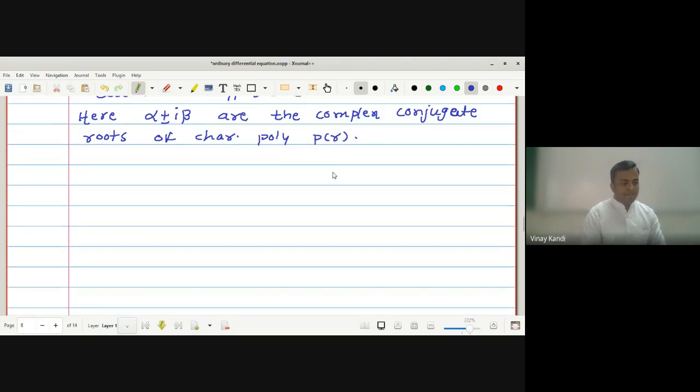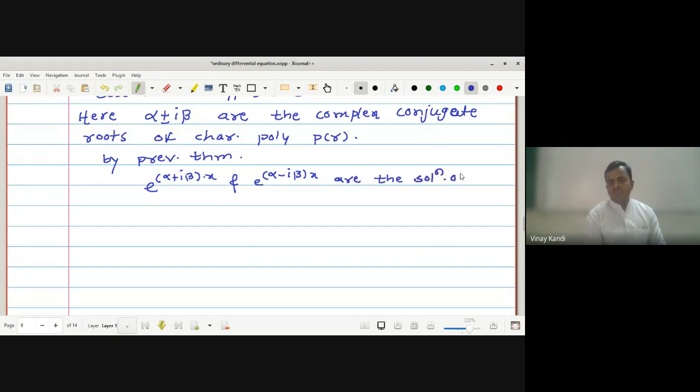Then by the previous theorem, we know that e raised to alpha plus i beta into x and e raised to alpha minus i beta of x are the solutions of L of y.